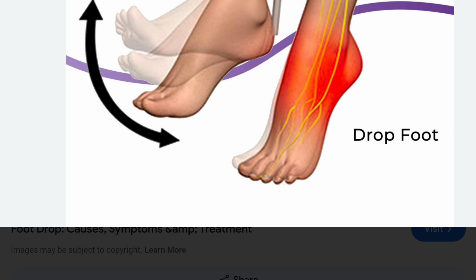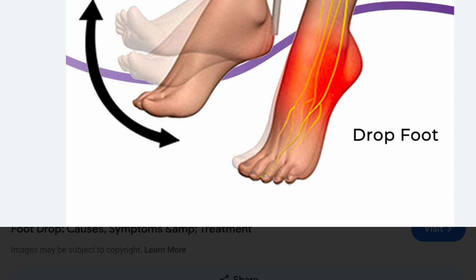What is anterior tarsal tunnel syndrome? This refers to compression of the deep fibular nerve under the inferior extensor retinaculum that commonly presents as paresthesia in the first web space of the foot. What are the causes of foot drop? Foot drop can be broadly categorized into three groups.